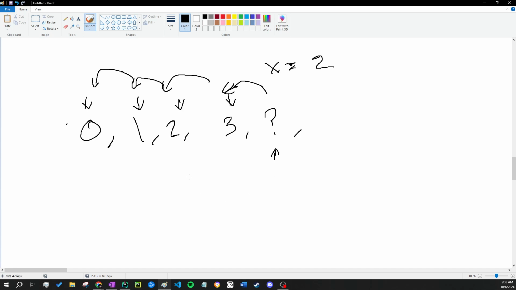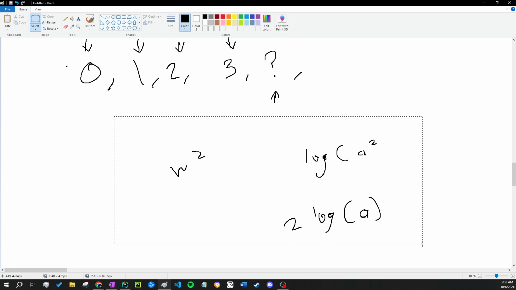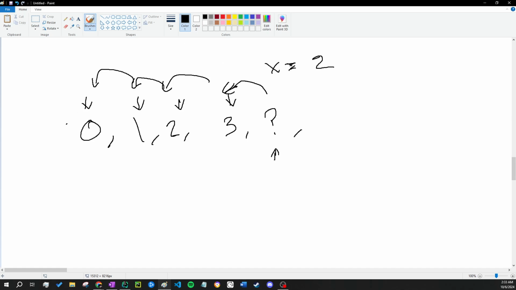This operation would be n squared, and log of a squared is just 2 log of a, and that's sufficient. It's gonna be 2 times 9, so it's still sufficient, but I just want to see how the algorithm is gonna work.